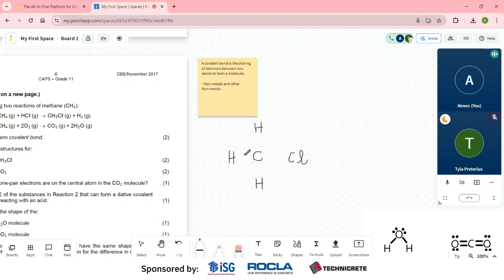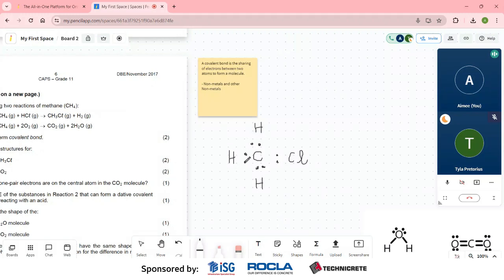Now you just go and draw your electrons. There's a single bond between carbon and all the hydrogens. You draw little electrons as circles. But you need to remember that you also need to draw the electrons around every single atom. Hydrogen only has 1, so it bonds with carbon.